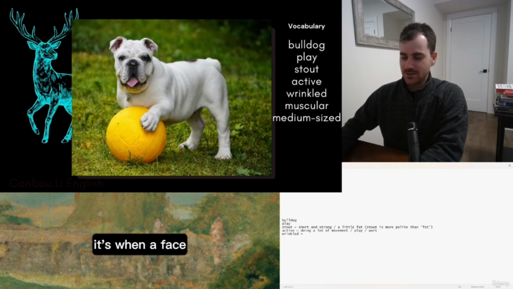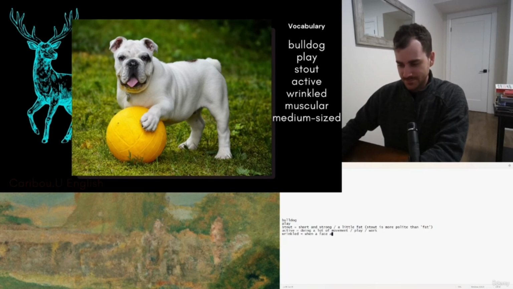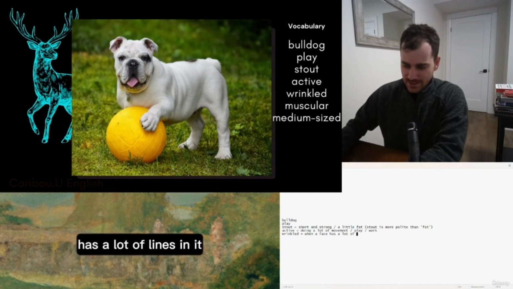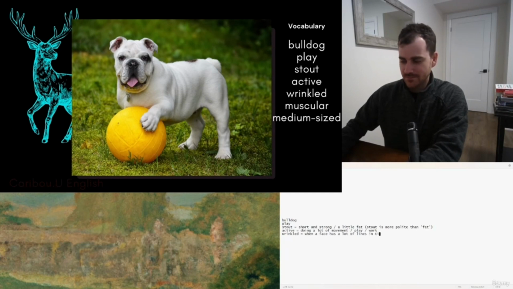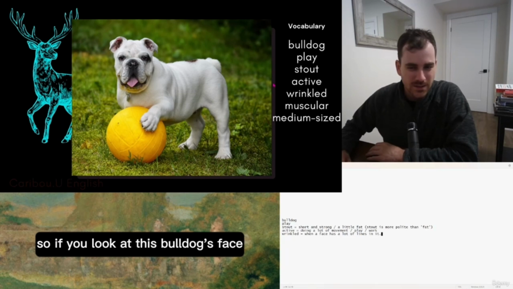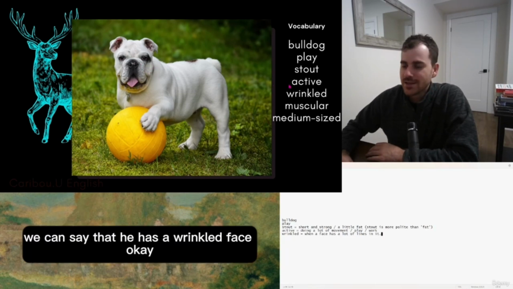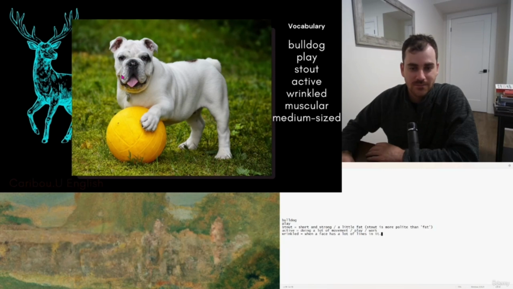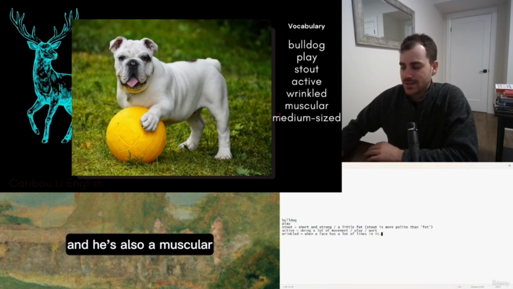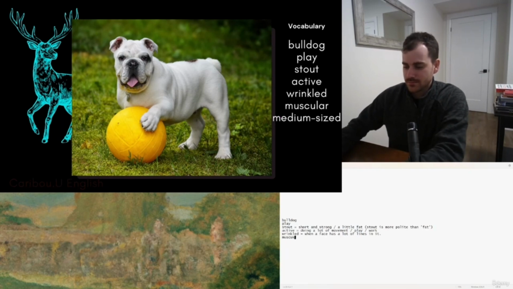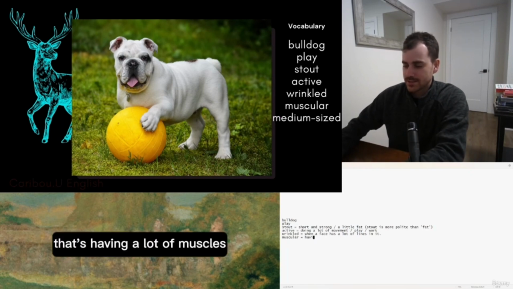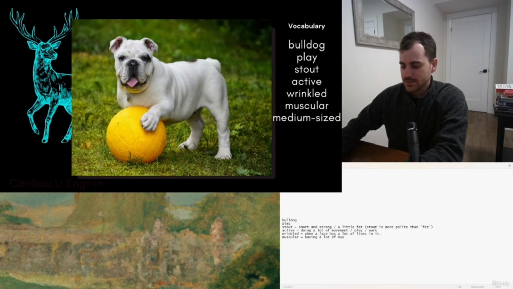It's when a face has a lot of lines in it. So if you look at this bulldog's face, we can say that he has a wrinkled face, okay? Wrinkled face. And he's also muscular. That's having a lot of muscles.